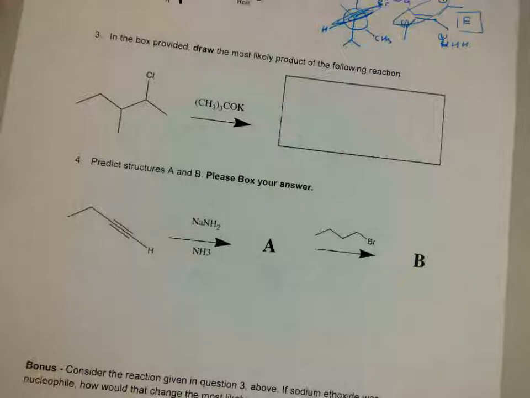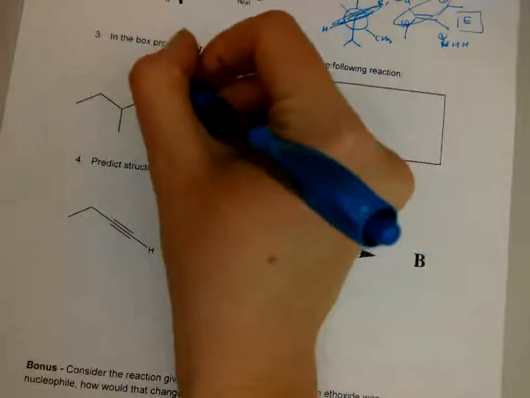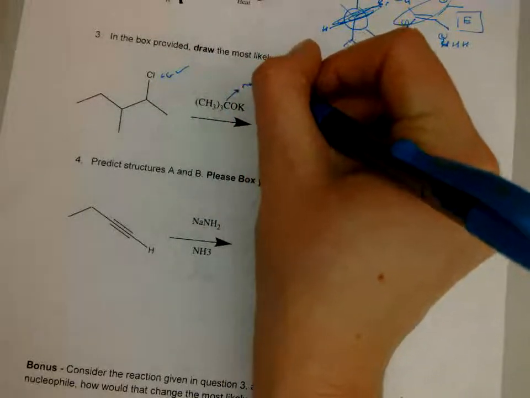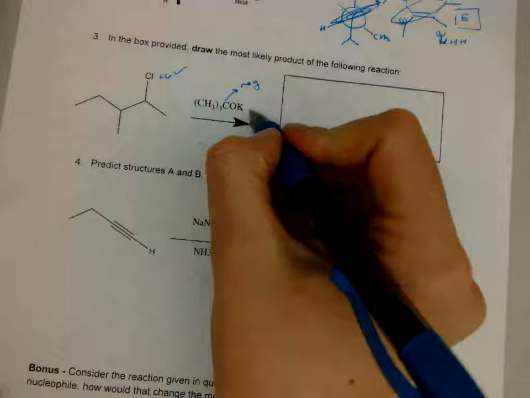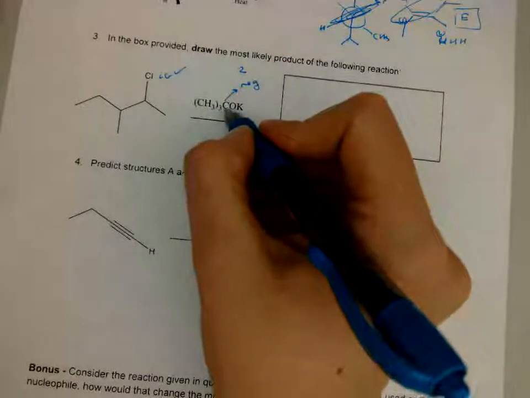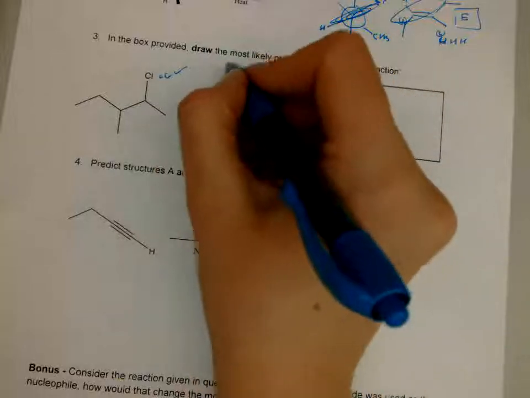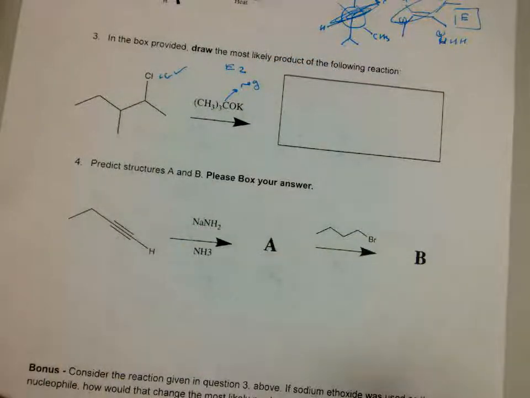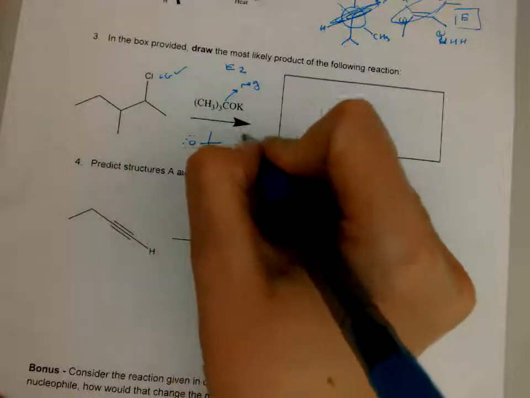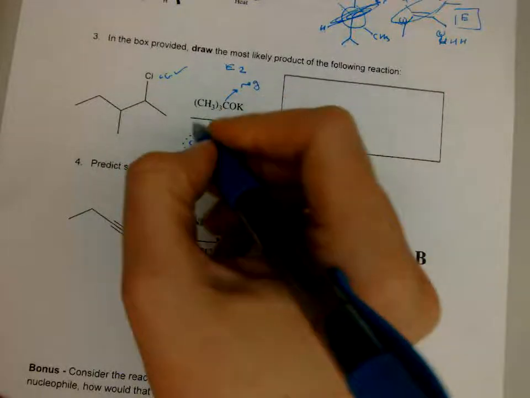Okay, in the box provided, draw the most likely product of the following reaction. This has a good leaving group, and it has a negative nucleophile, so this is probably going to be a strong nucleophile, so this is going to favor the 2 side. But it's also big and bulky, and this is secondary, so I think it's going to be E2 rather than SN2. And because it's big and bulky, it's also going to favor the Hofmann.